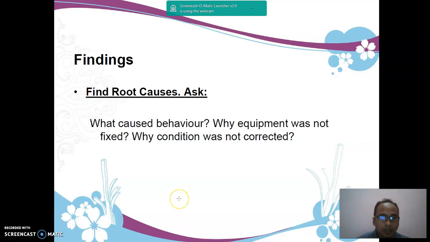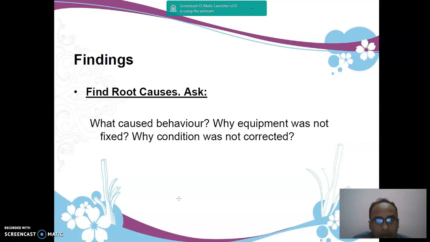Let's say the staff is not wearing PPE, so what is the root cause? Is the PPE provided to them? Is proper training provided to them? Is knowledge on safety and health given to them?